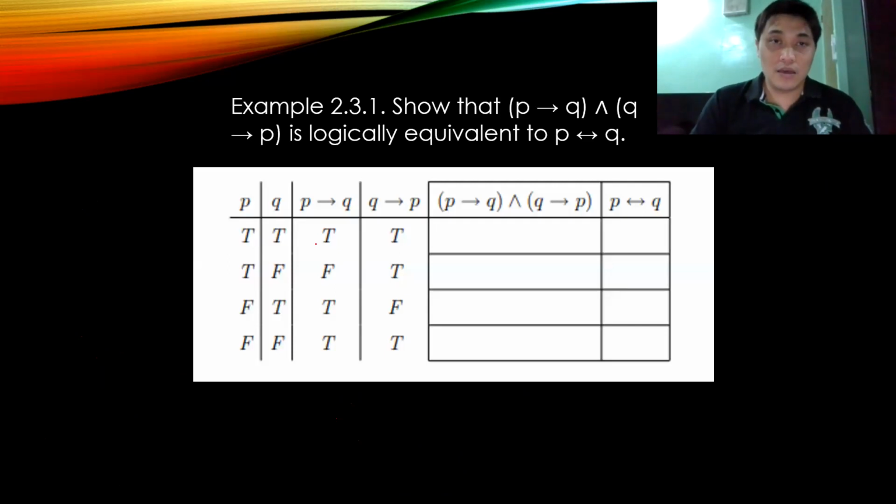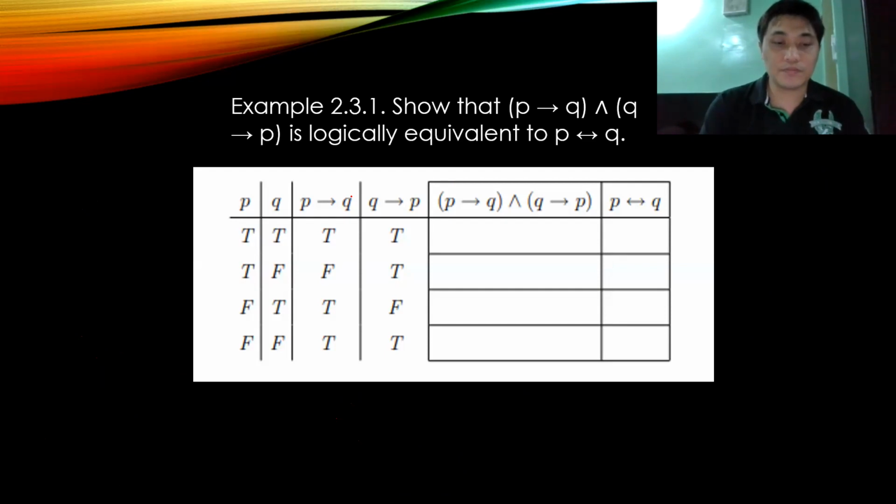Okay? My example shows that P implies Q or Q implies P is logically equivalent to P equivalent to Q. Okay? Here is my example.